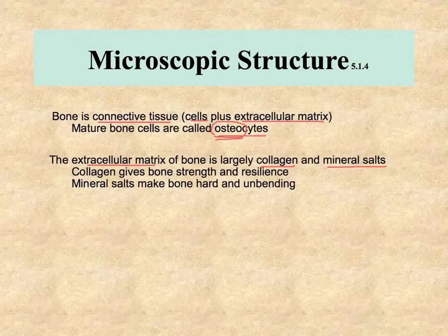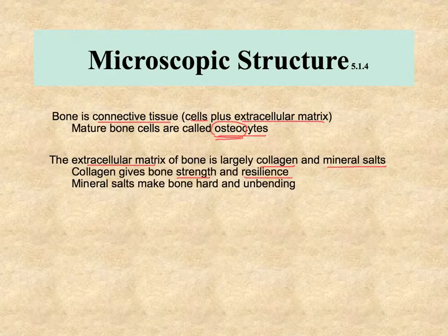Collagen gives the bone strength and resilience, but it is very bendy. Collagen is found in tendons. We know it is very, very strong. It is that thicker fiber that is produced by the fibroblasts and the bone cells, which I'll show you in another slide with the word osteoblasts. So fibroblasts developed into osteoblasts, bone cells, and they produce collagen.